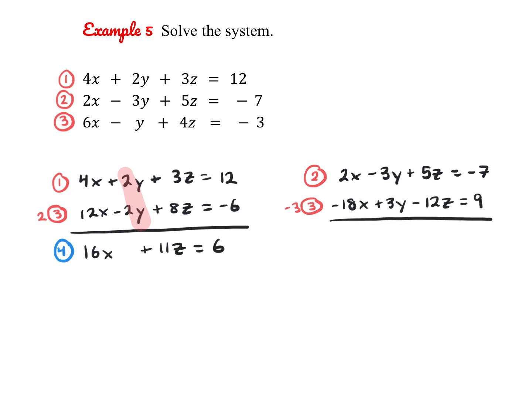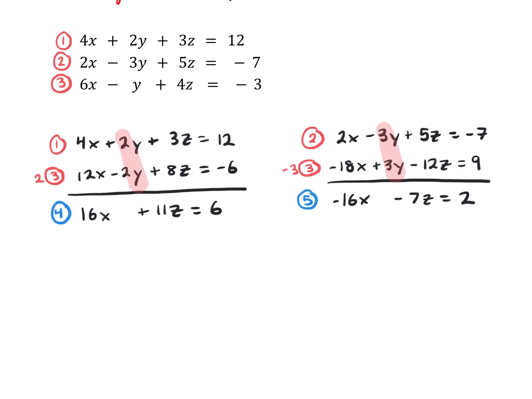And then again, my y terms will cancel out, and I'm left with negative 16x minus 7z equals 2. Now again, I've created a new equation that I'm going to use, so I'm going to give it a number. I'm going to call it equation 5. Now if you look at equation 4 and 5, it's a system of two variables.